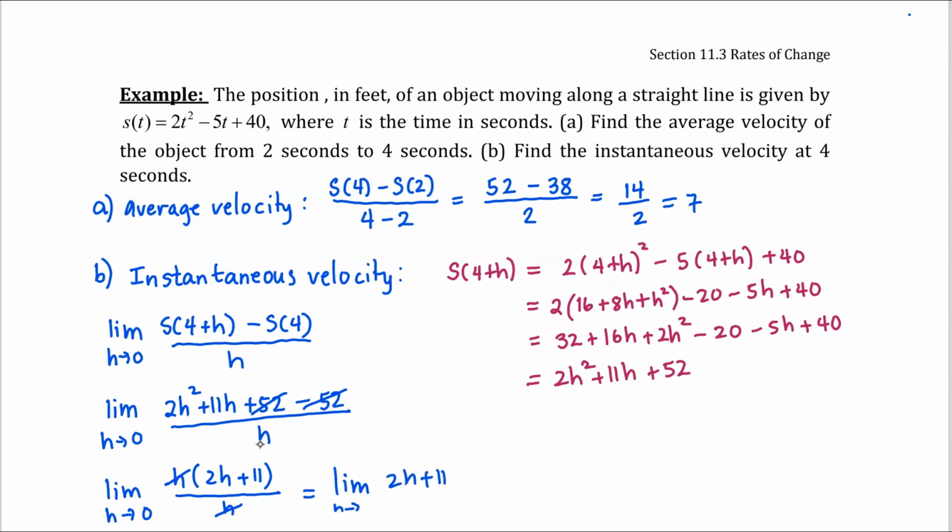Now you take the limit as h approaches 0. As h approaches 0, the 2h term just approaches 0. So the limit is equal to 11. So we say that the instantaneous velocity at t equals 4 is 11 feet per second.